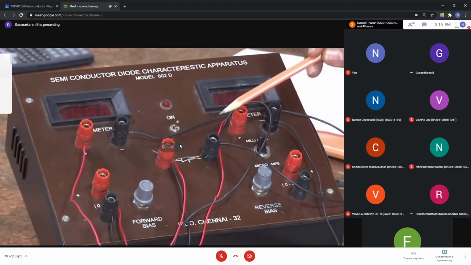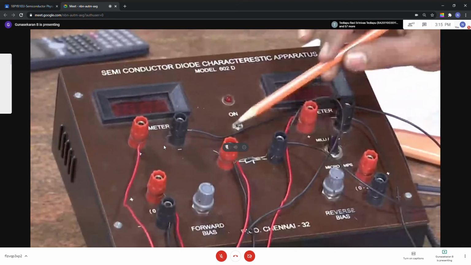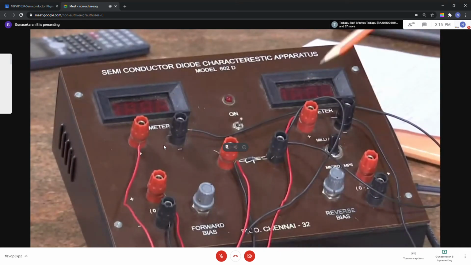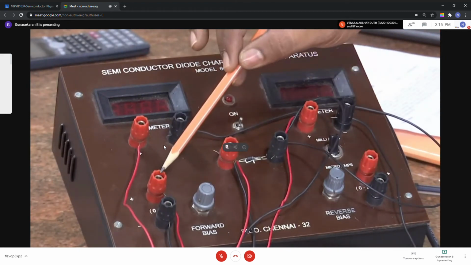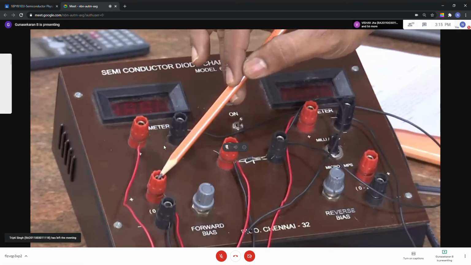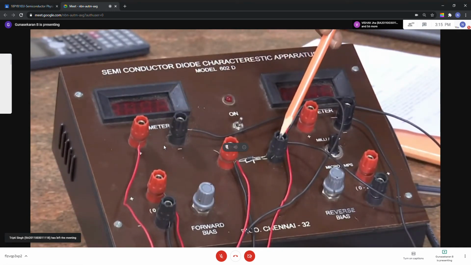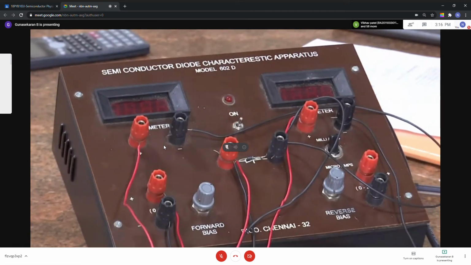The three possible biasing condition for the standard junction diode, and these are is a zero biasing. There is no potential, and a forward bias. The forward bias is a positive terminal is connected to the positive. There is a terminal. There is a positive diode junction. Positive is connected to a positive voltage terminal, and the diode negative is connected to the negative terminal. This is a forward bias. And a reverse bias. The reverse bias there, then the positive is connected to the negative, negative is connected to the positive. First, we will discuss our laboratory.